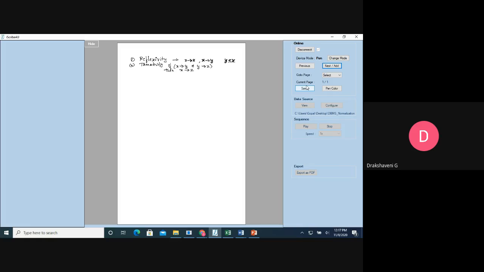So then next one is Armstrong augmentation. So what is the third one? Third one is augmentation. Augmentation means making something bigger.